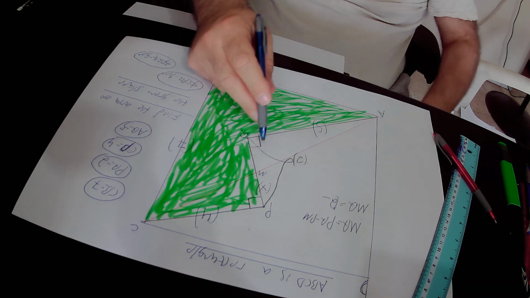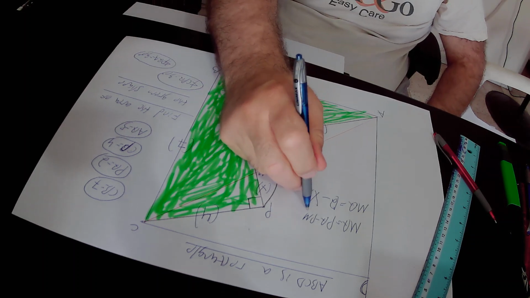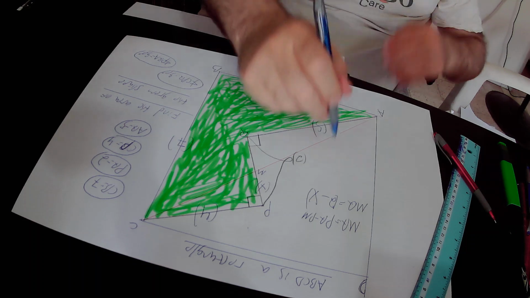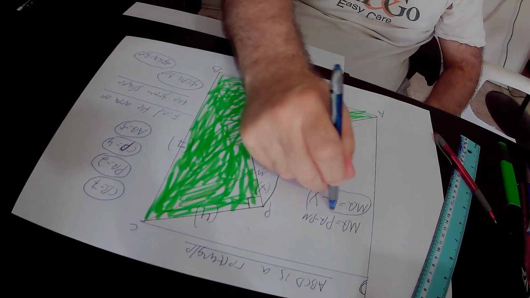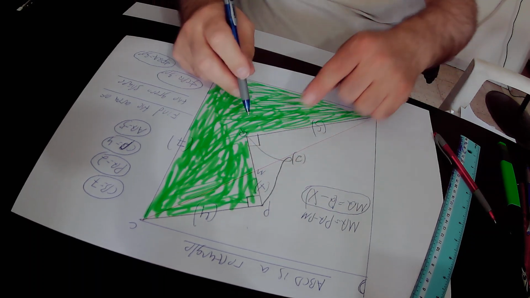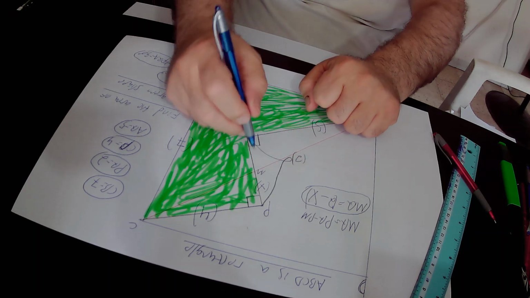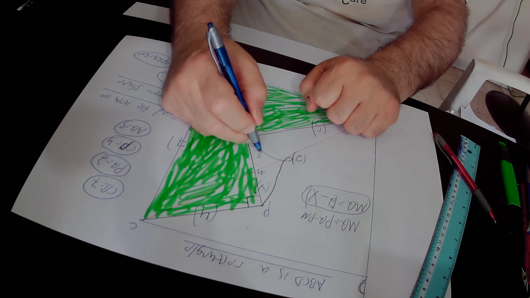PM is X according to our definition. So in total, MQ equals 2 minus X. This is MQ, which equals 2 minus X units in length.